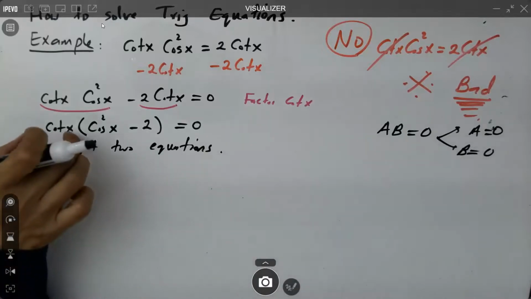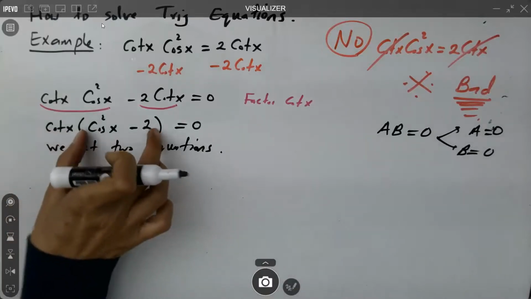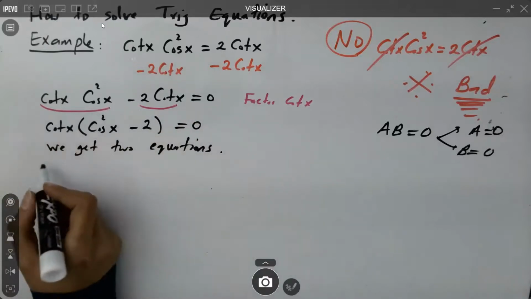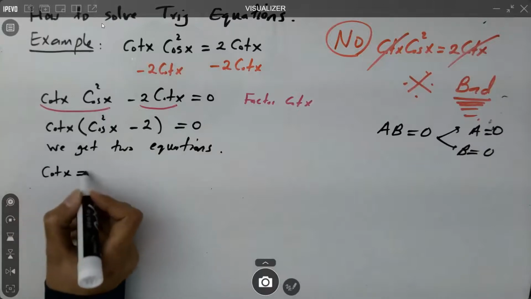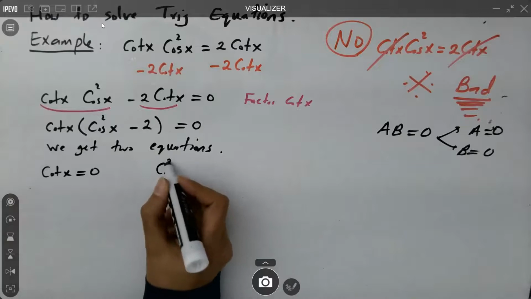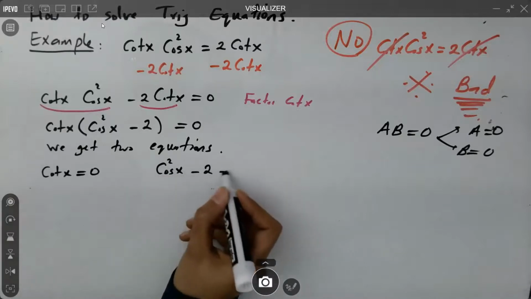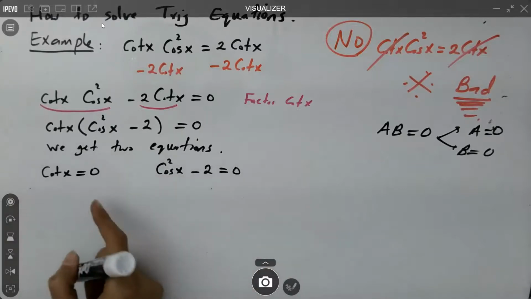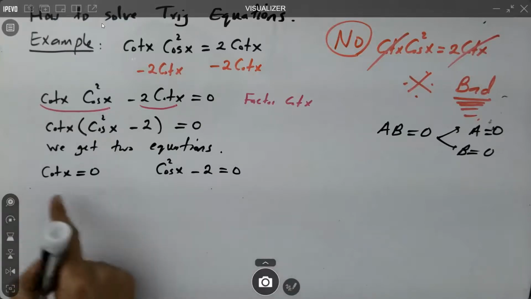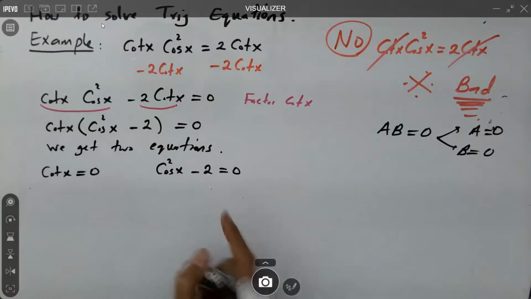I have a times b equal to 0, so either a is 0 or b is 0. So it means that cotangent of x is equal to 0, or you're dealing with cosine squared of x minus 2 equal to 0. We get 2 equations. Now we have to solve each equation separately.